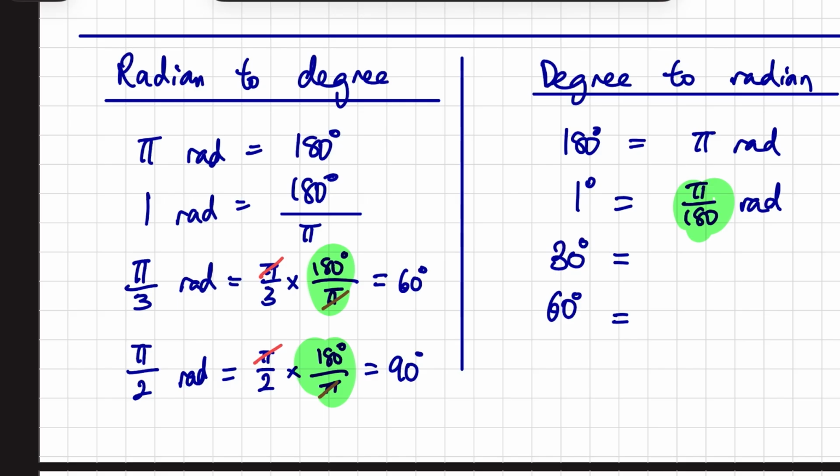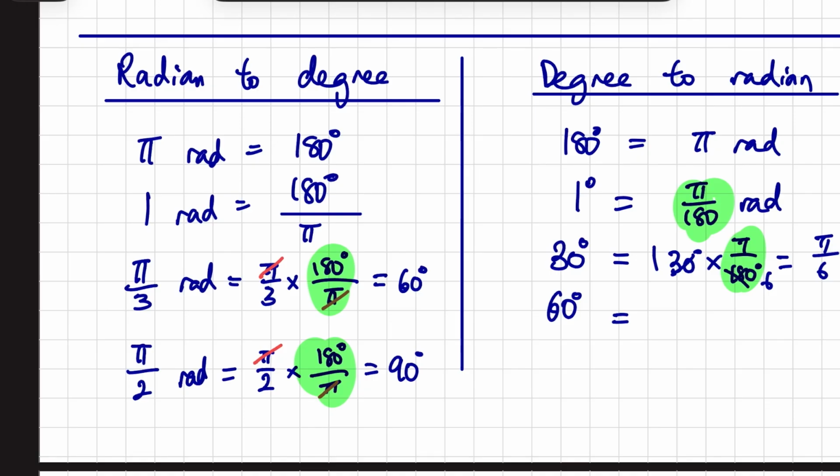If it's 30 degrees, what will be my corresponding angle in radian? I multiply 30 with pi divided by 180. This is 1 and this is 6, so it will be pi over 6 radian. That's how you convert it, and again, this factor is pi divided by 180.